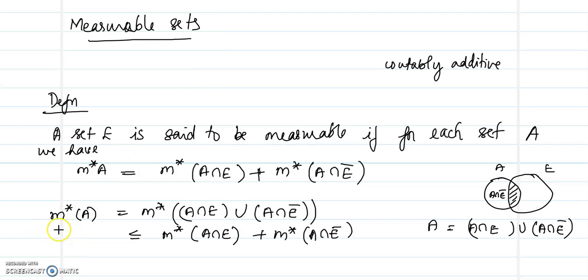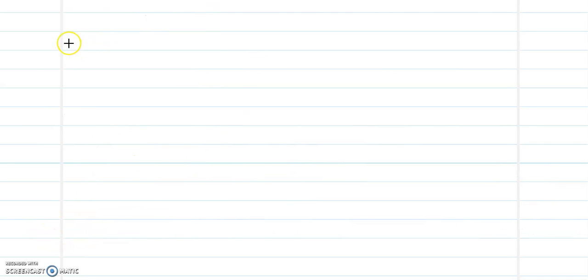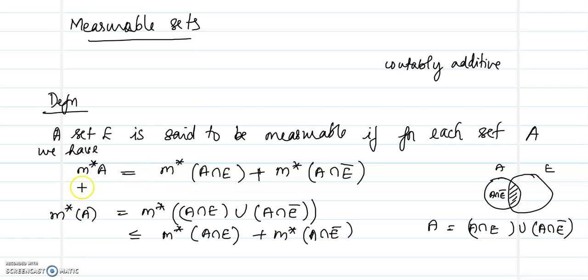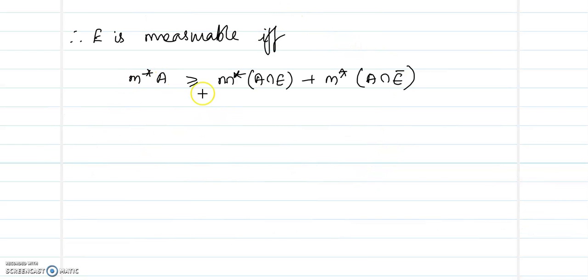So this happens always. Therefore E is measurable if and only if m star of A is greater than or equal to m star of A intersection E plus m star of A intersection E complement. So we can state the condition of measurability either as m star of A equal to m star of A intersection E plus m star of A intersection E complement, or as m star of A greater than or equal to m star of A intersection E plus m star of A intersection E complement.